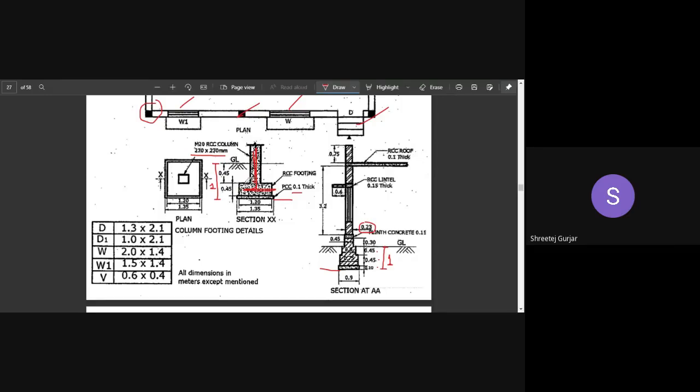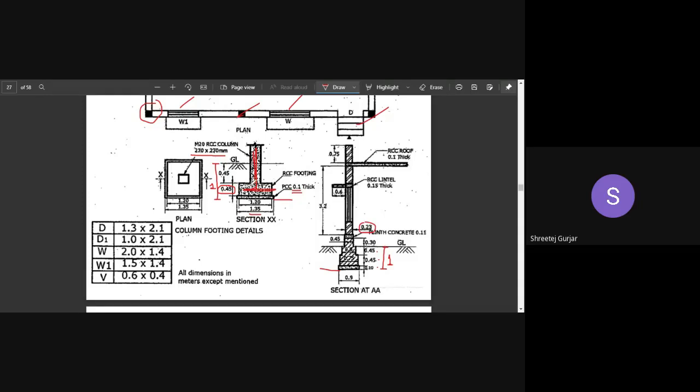Then the RCC footing which is provided is 45 centimeters or 0.45 meters in depth. Then we have a PCC bed of 0.1 meter in thickness. The width of the PCC bed is 1.35, and the thickness is 0.1.